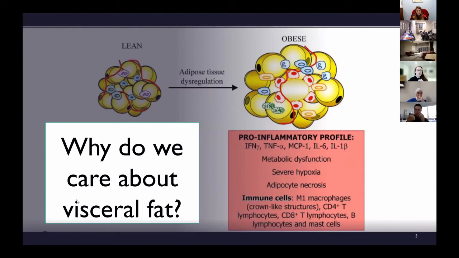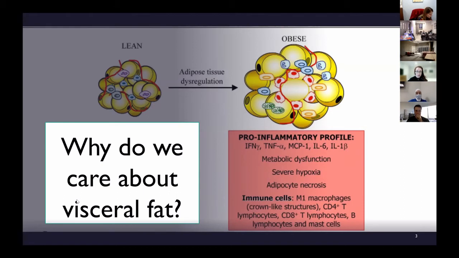So, in general, you have these adipocytes, they work fine. We don't even have to talk about what their function is right now, though I'll do a little bit later. What happens is when you get more and more of them, they no longer go to the subcutaneous fat, they go into your visceral fat. And they get so big that they outgrow their blood supply.